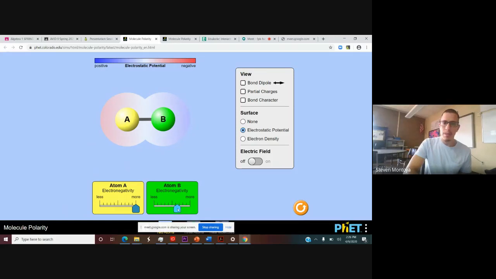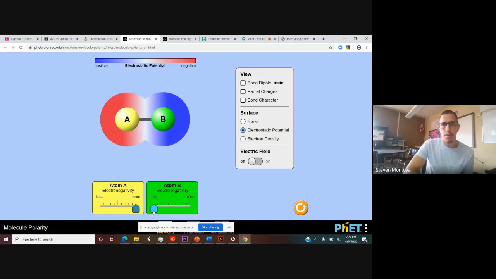Notice what's happening to the charges around the molecule. I'm creating a charge difference inside the molecule. One end has a positive, the other end has a negative, all right? And the charge is getting stronger the greater the difference of electronegativity between each atom, all right? Boom, all right?